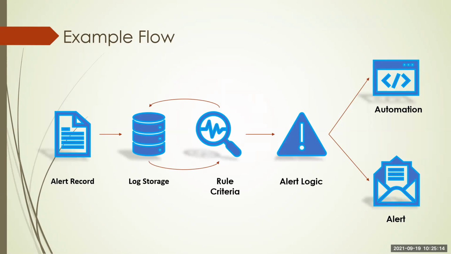There will be an alert rule, and the alert rule will be watching the logs which are stored in the log store. It keeps on watching. Whenever the rule criteria match, rule in the sense, if so and so virtual machine is deallocated, for example, or if memory is more than 85%, if that criteria is matched, the alert logic will be triggered.